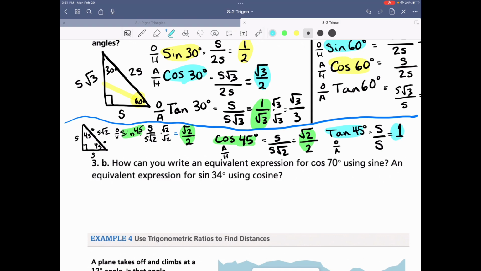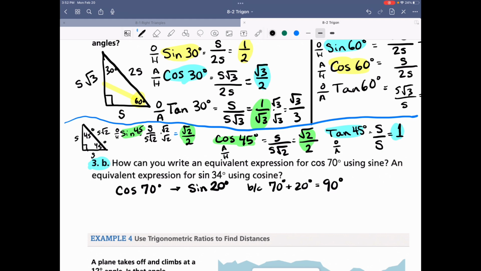For 3b, how can you write an equivalent expression for the cosine of 70 degrees using sine? Well, like I told you before, the cosine and the sine are like opposites. So the cosine of 70 is also the sine of 20, because 70 plus 20 degrees is equal to 90 degrees.